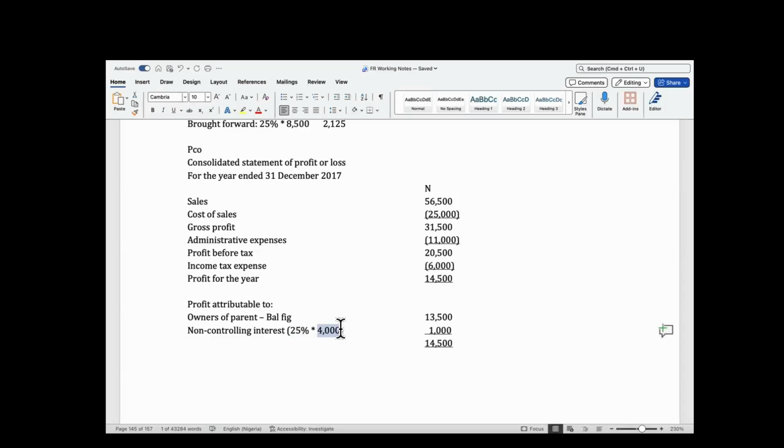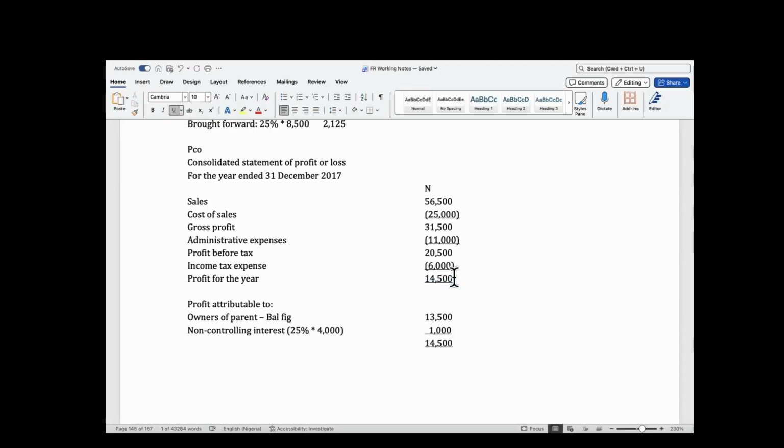Let me be very specific. Of the profit for the year of the subsidiary, because this is P&L for the year. Don't make the mistake to go and apply the NCI holding on the group profits. Nope, not on the group profits. NCI does not have a share in our own profit, because this 14.5 is the group profit of the parent and the subsidiary.